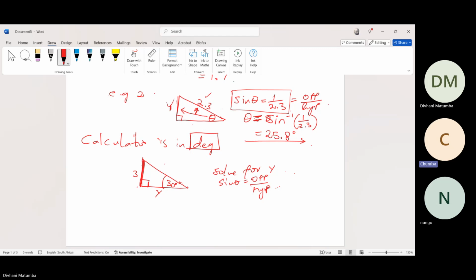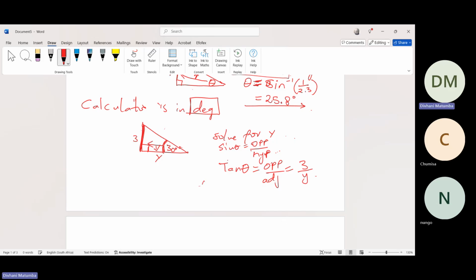We're not given the hypotenuse. So what is it that we are given? Are we given the opposite? We must use tan. Do you agree? Yes, sir. Because we are given the opposite and the adjacent, the opposite divided by the adjacent, which is 3 over y.